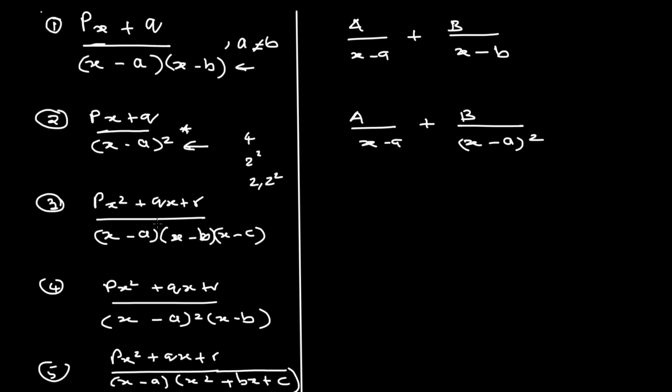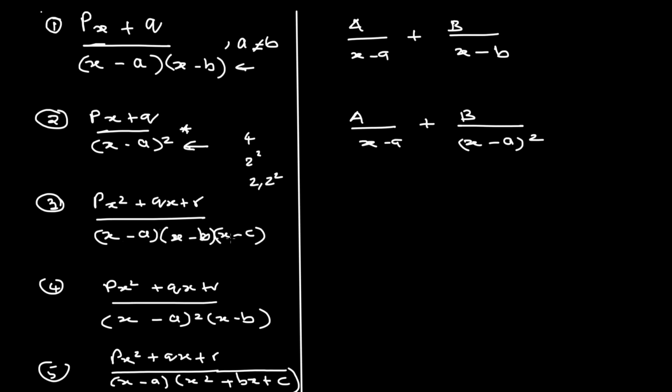Right, let's go to this third one. Okay, what are we doing here? Now you have to look at these factors here. If you can break down these factors, then it means that you will not have x here on top. So for example, here, I can see that I've got 3 factors there, and they're all different, meaning that my partial fraction is going to have this one, that one as factors.